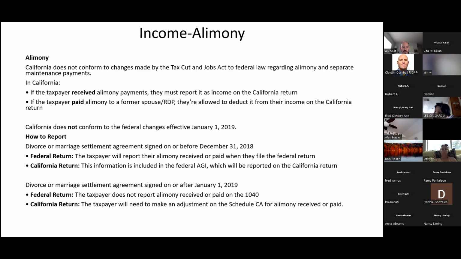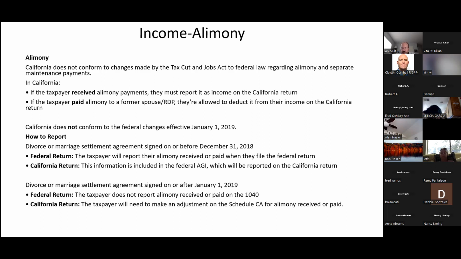and you can take a deduction if you want. On your federal return, if you're talking about those older divorces, on or before December 31st, the older divorces, if you will, you had to report the alimony that you received. And I actually saw this at St. Killian's a couple of years ago, where a taxpayer came in, and I think she had $20,000 or $30,000 of alimony.